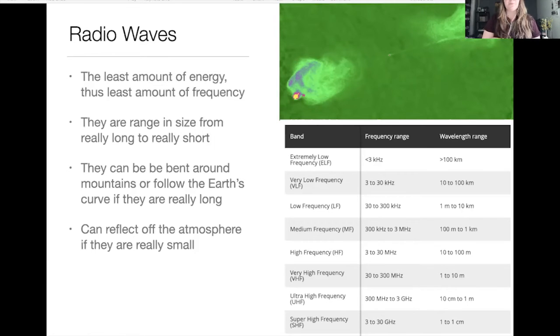I don't really know the radio stations up here in Vermont, but in New Jersey you'll hear 102.7 FM radio, or WBGO is 88.3 FM. Those are the different frequency ranges that are being used.